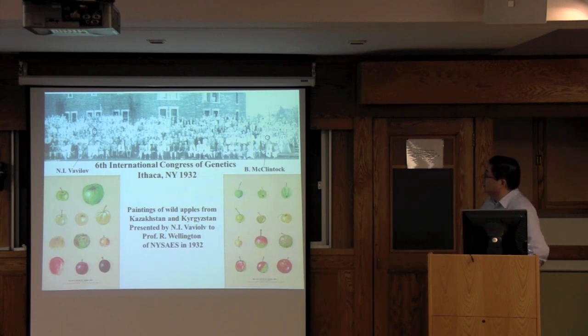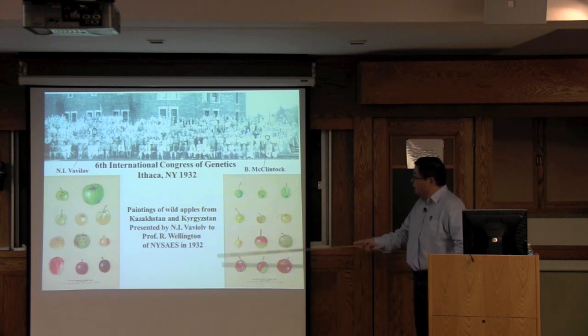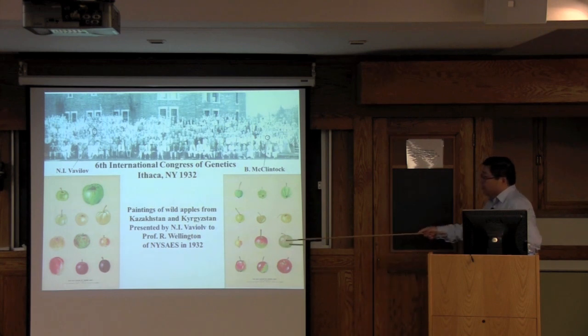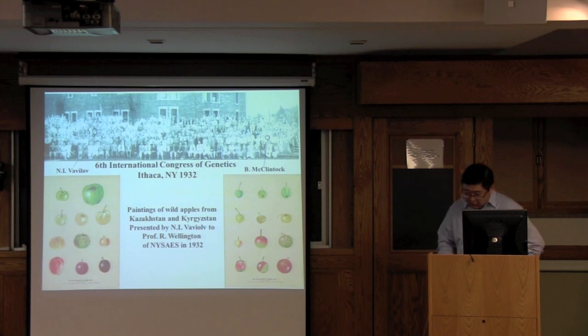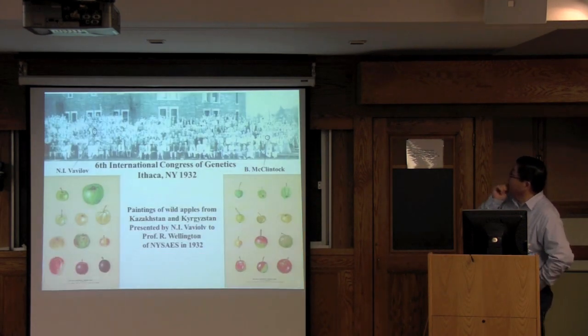He actually presented 2 paintings of wild apple from Kazakhstan and Kyrgyzstan to Professor Wellington of the Experiment Station, also in 1932. These 2 paintings are actually still preserved at the Lee Library in Geneva. I just wonder, does anybody recognize the building on campus? Maybe it's still there, maybe not.